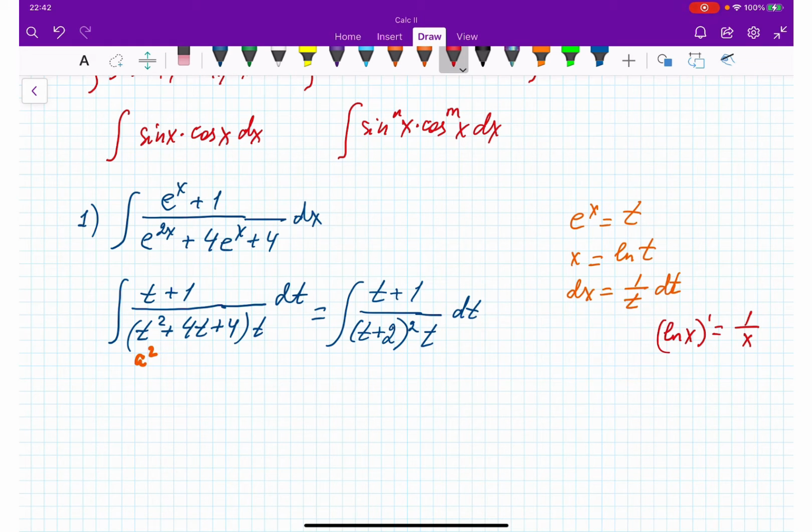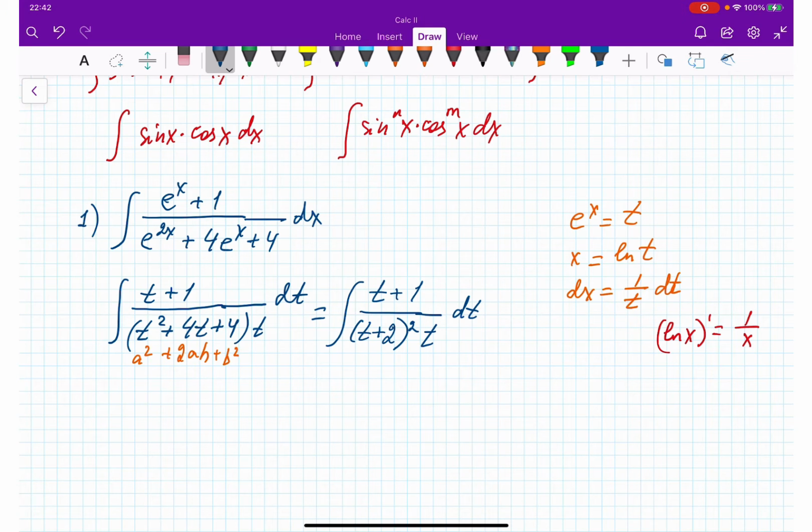We have here a perfect square, a squared. Okay, if this is a squared, this is my b squared, which is 2 squared, and here is 2ab, right? And we get t plus 2 squared.